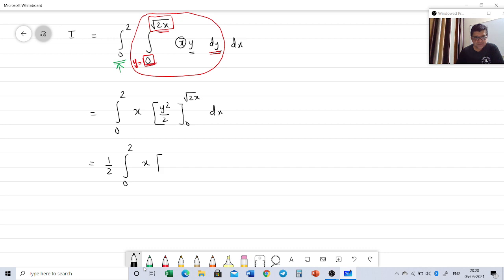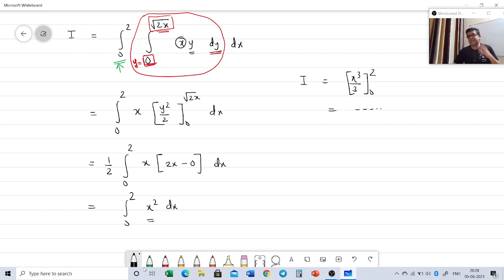Put the upper limit. If I put the upper limit, then this will be simply 2x. Minus 0 will give me simply 0, right? So ultimately, I'm going to get 0 to 2. This will be x squared dx. Again, now this is very simple integral. That is x cubed by 3 between the limits 0 to 2, which we can easily calculate.